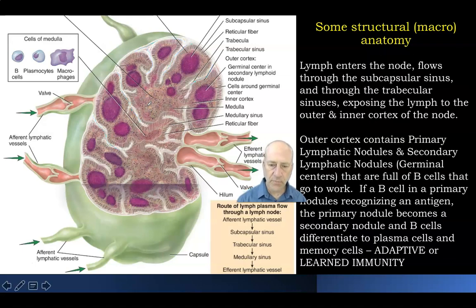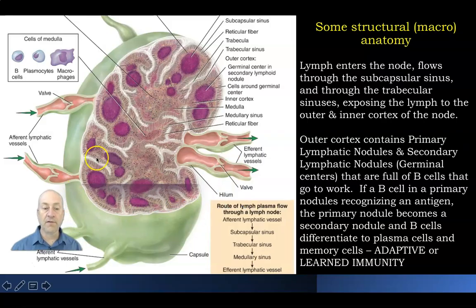And the flow again: the lymph enters the node and flows through the subcapsular sinus. So you're coming in, flowing into the subcapsular sinus about here, then flowing down through the trabecular sinus.